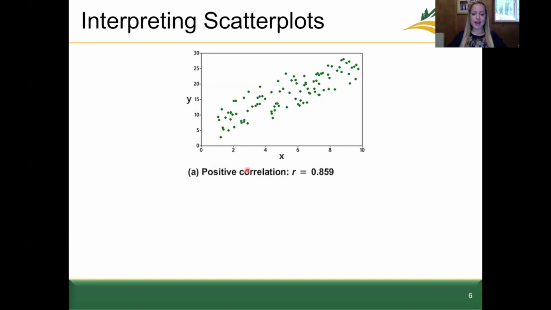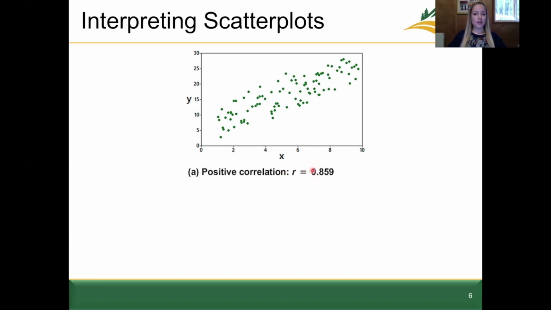How can we tell that? Well, visually we can see that as X increases, Y also increases. So that's how we think of a positive correlation. X is increasing and Y is increasing. We can also tell, other than visual inspection, that our R value is 0.859. So this is a positive correlation because it's a positive value for our R value.